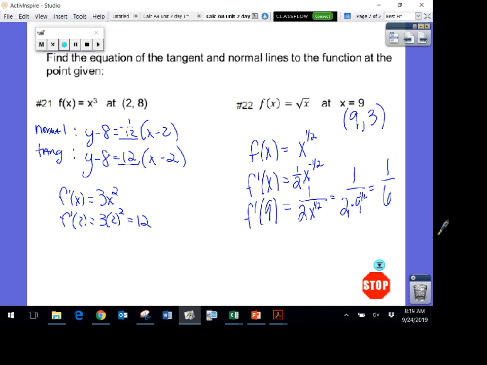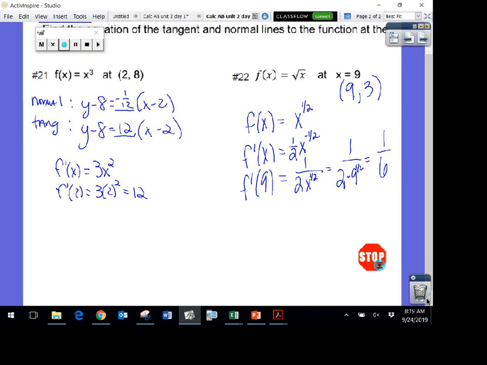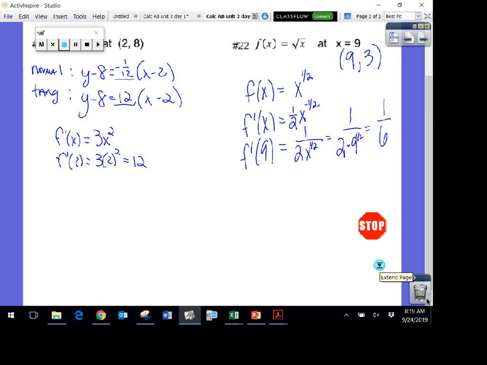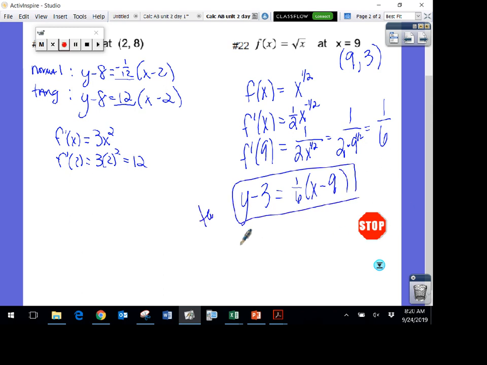So we get our tangent line: y minus 3 equals 1/6 times x minus 9. There's your tangent, and your normal: y minus 3 equals the opposite reciprocal times x minus 9. The point did not change.